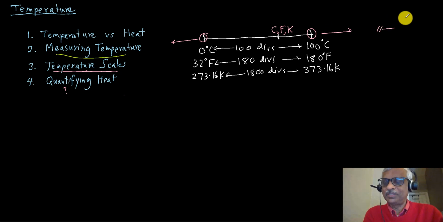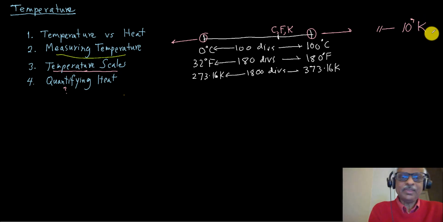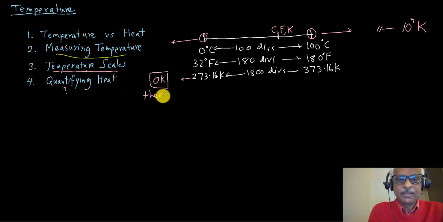For instance, in the center of the sun, you'll have 10 to the power 7 Kelvin, and if you keep going this way, you can go all the way to 0 Kelvin, and 0 Kelvin has a theoretical importance.